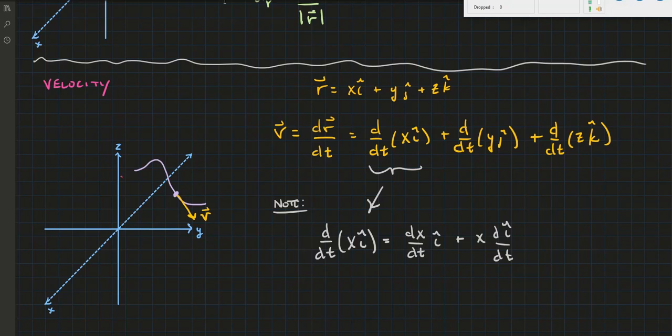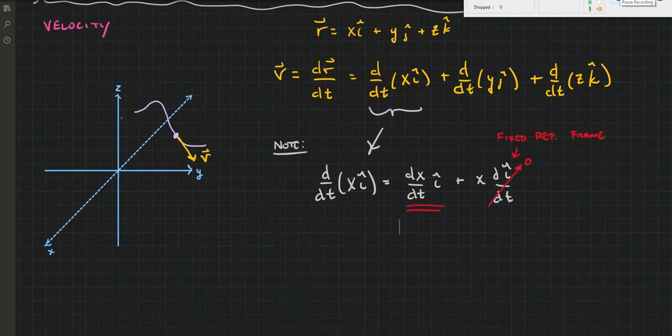But since we have a fixed reference frame, i doesn't change as a function of time. So this is 0. So we're left with just dx/dt times the unit vector i. So v just equals dx/dt i plus dy/dt j plus dz/dt k.